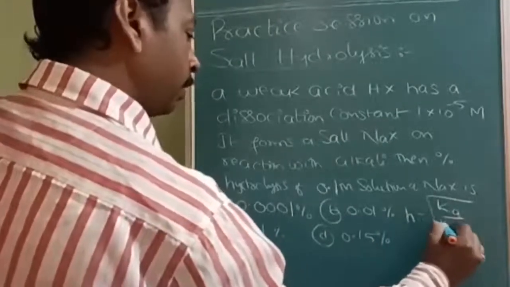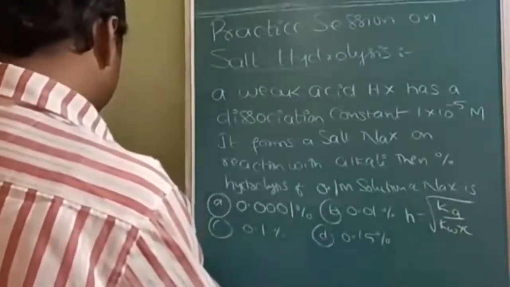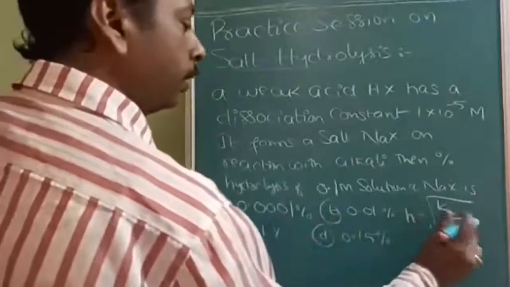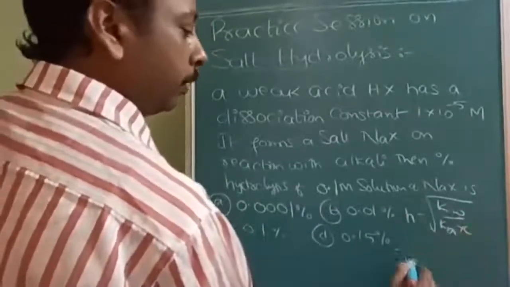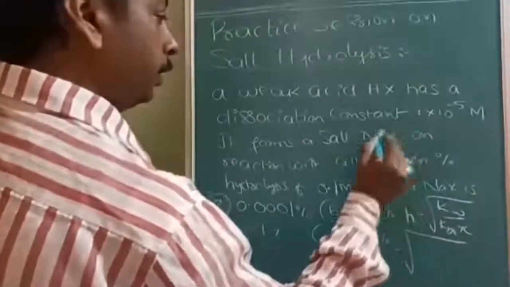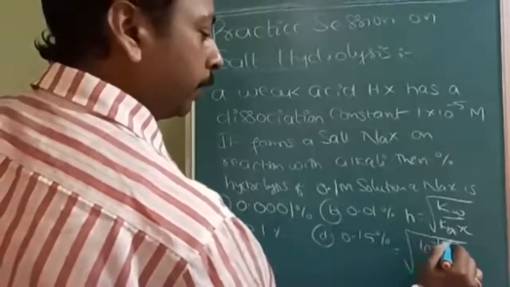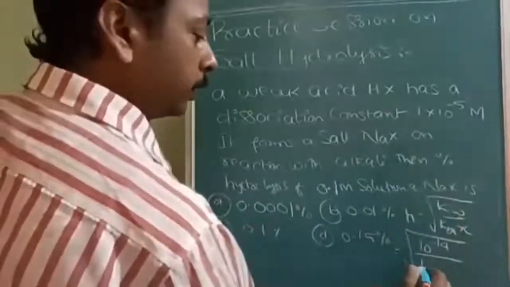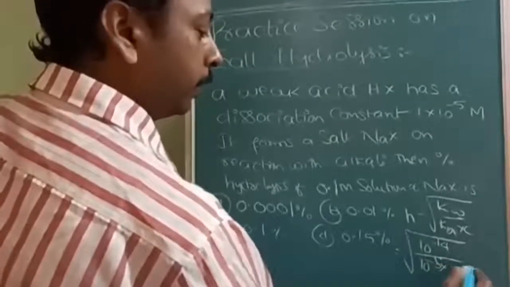Ka upon Kw into C. Okay, Ka upon Kw, sorry, Kw upon Ka into C. Square root of, concentration I think is given as 0.1. Kw is 10 to the power of minus 14, Ka is 10 to the power of minus 5 and C is 10 to the power of minus 1.